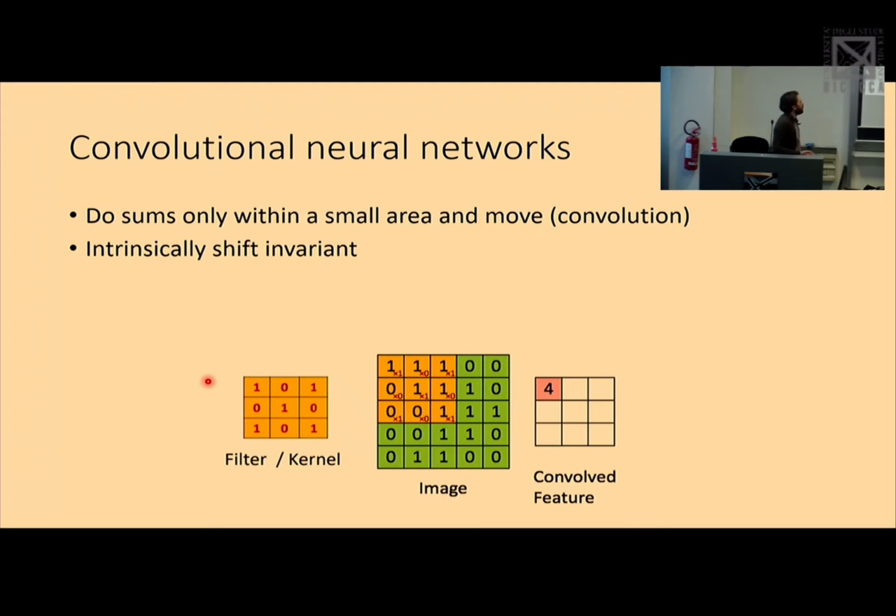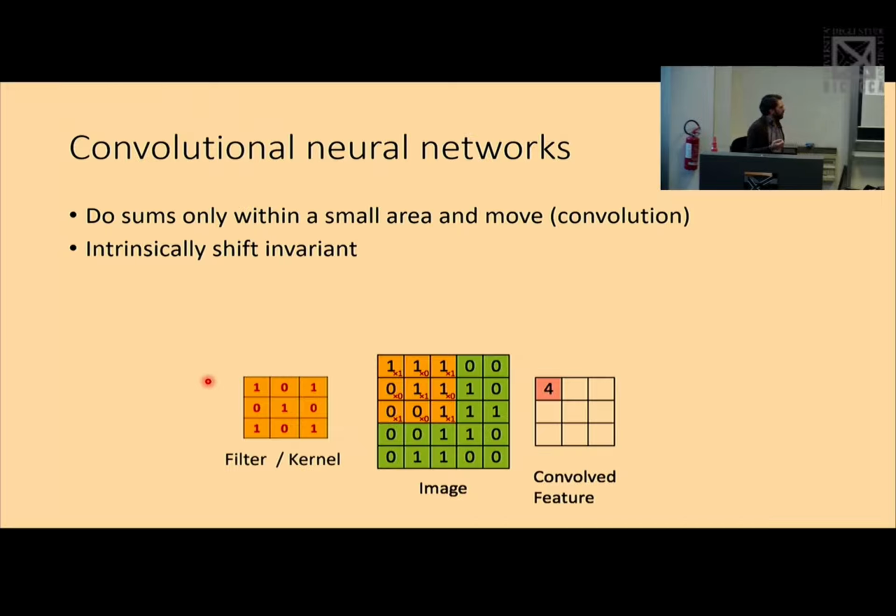What comes to our mind is that we can use convolutions. A convolution, mathematically, is a sum within an area, not necessarily small, but in neural networks it's small, and then you move.